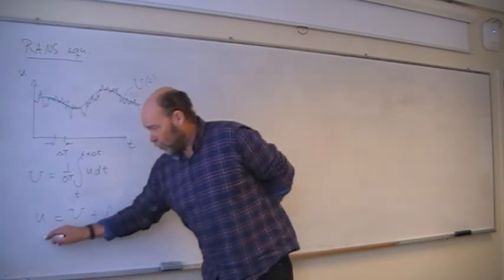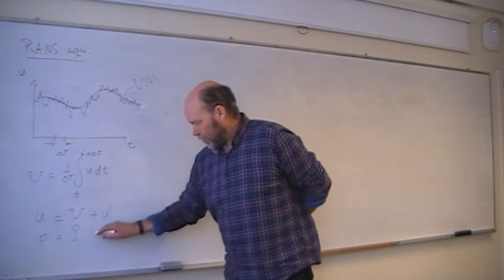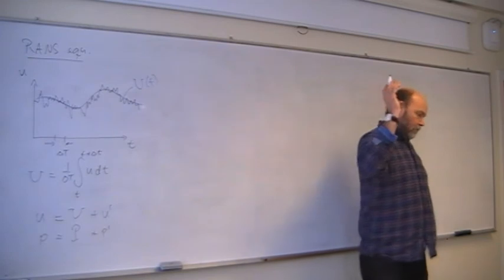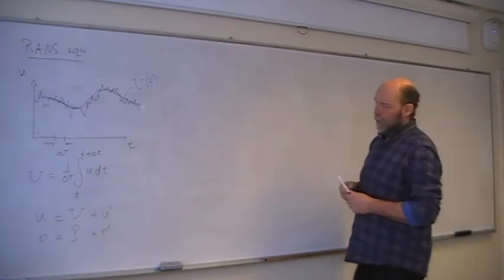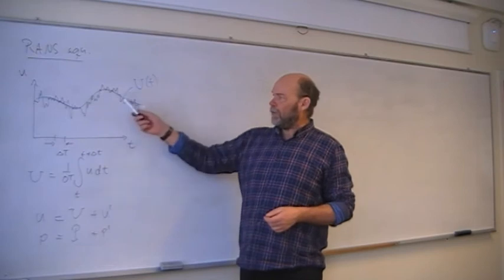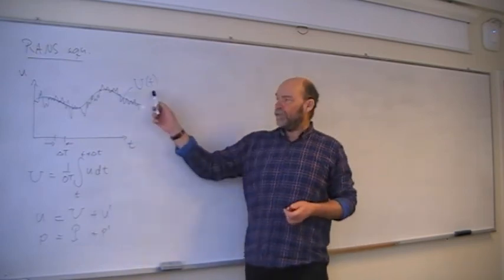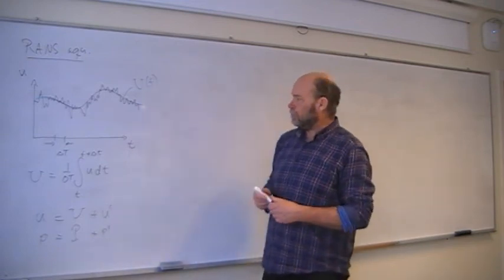And you do the same with all quantities. Pressure, a large pressure plus fluctuating pressure, density, temperature, everything you split up into a mean part and a fluctuating part. The fluctuating part is uninteresting for an engineer. I want the big U, the big pressure, for instance.